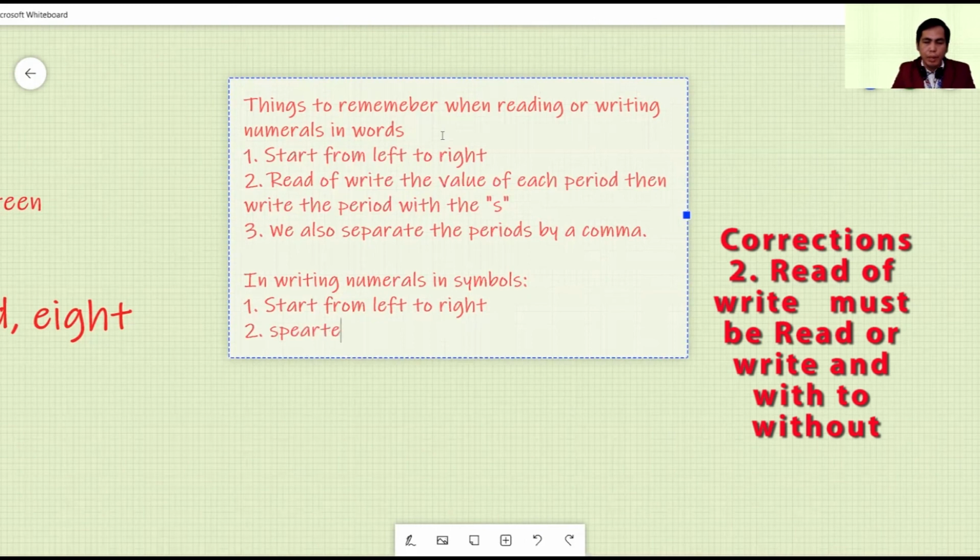Then separate the digits, separate the periods by a space.